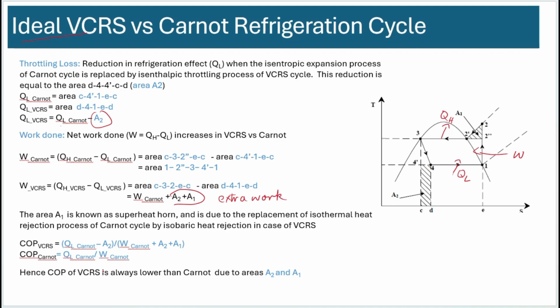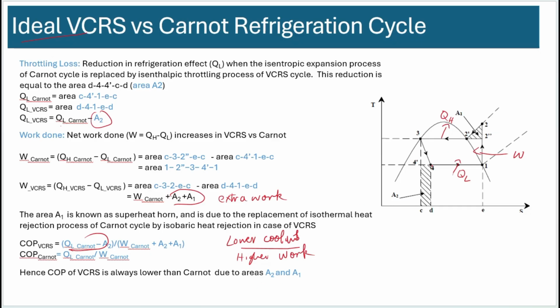So overall, the efficiency is decreased by lower cooling effect, which is caused by QL minus A2, and higher work. Okay, so efficiency is lower.